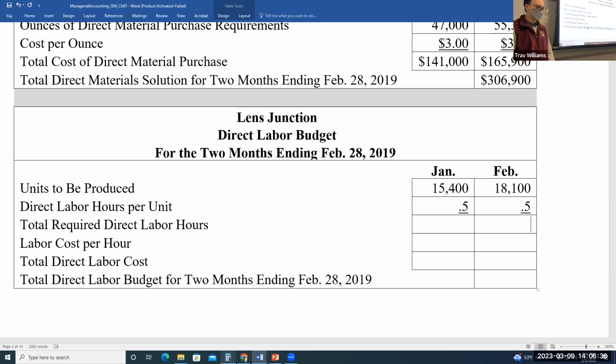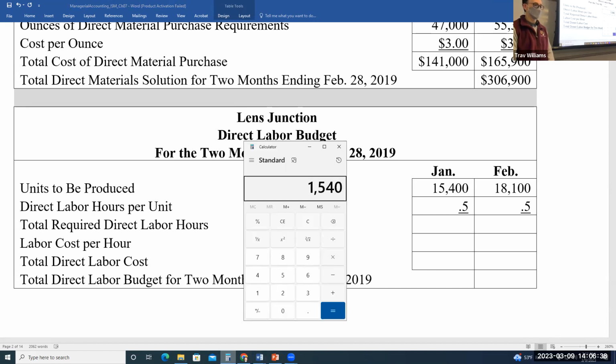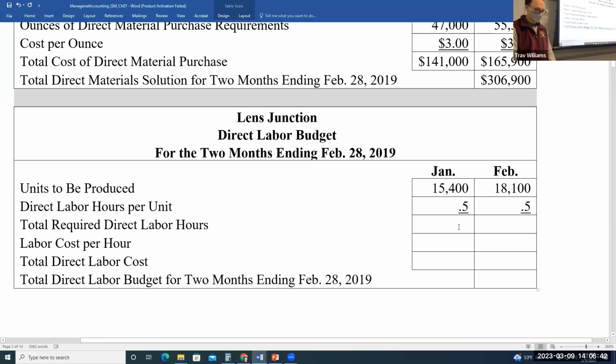So we take the units to be produced times 0.5, we get 7,700 for January. 9,050 for February. And then what is our cost per hour for labor? 18. Okay, and again, that remains the same in both months.